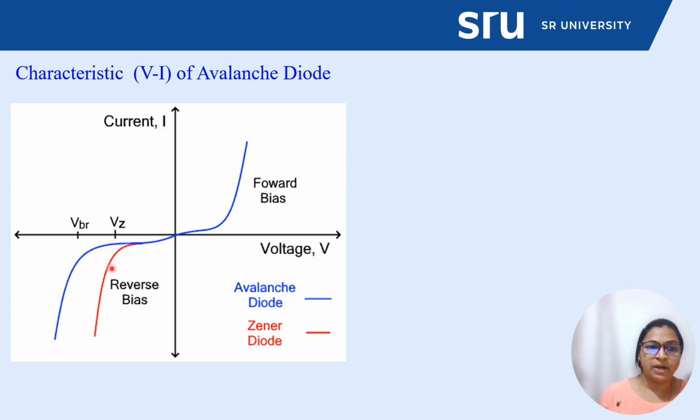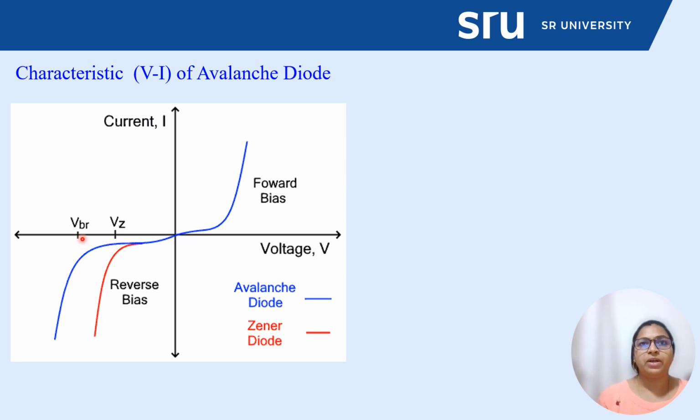Vz is the general breakdown voltage, and for the avalanche diode this is V BR. When the current suddenly increases, this is called the breakdown voltage. When the reverse bias voltage applied to the avalanche diode exceeds the breakdown voltage, a junction breakdown occurs. This junction breakdown is called the avalanche breakdown.